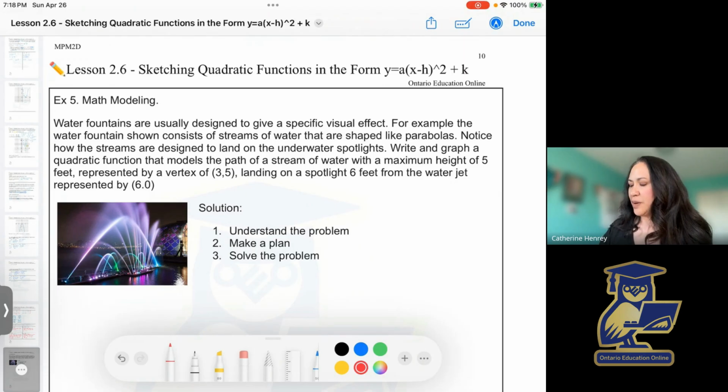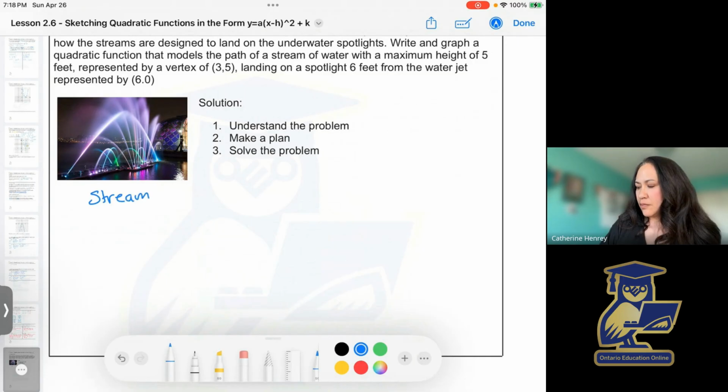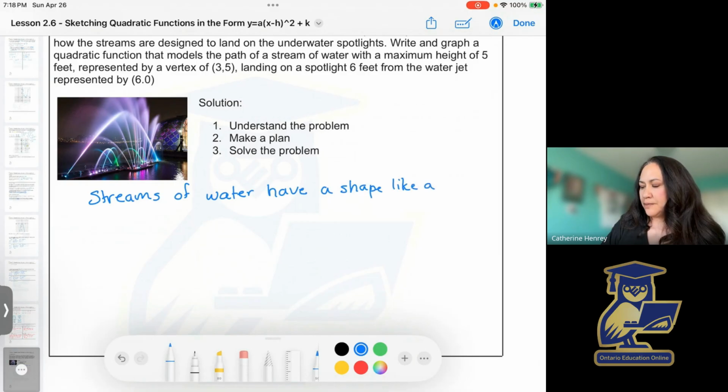So let's start by understanding the problem. So streams of water have a shape like a parabola.